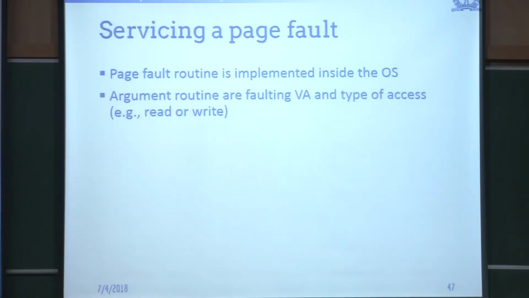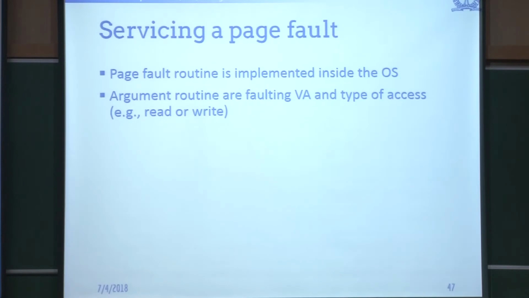So how is the page fault actually handled? This is the operating system side of it. The page fault routine is software, a routine implemented in the operating system, and the arguments to this routine would be the faulting virtual address page number, because the hardware says I tried to walk this page table and didn't get it.